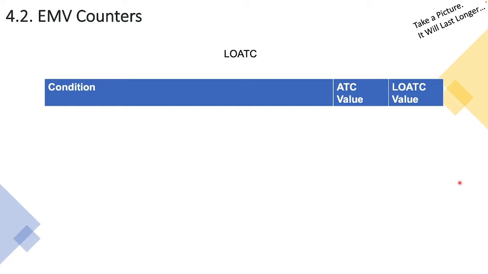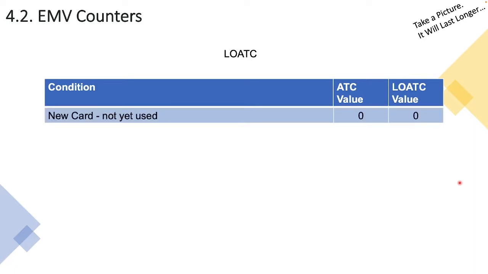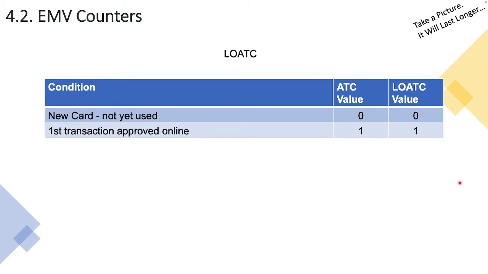So let's have a look at what LOATC actually looks like in layman's terms. So Bob's new card, once again, ATC value 0, LOATC value 0. Okay, so the first transaction has gone online and successfully approved, and so the ATC value has incremented by 1, so it's become 1.